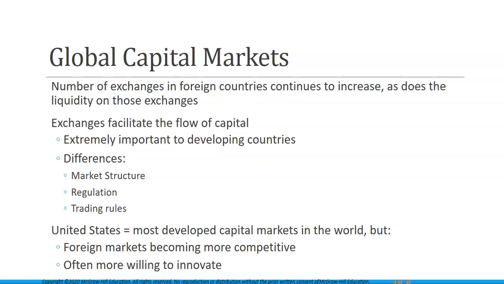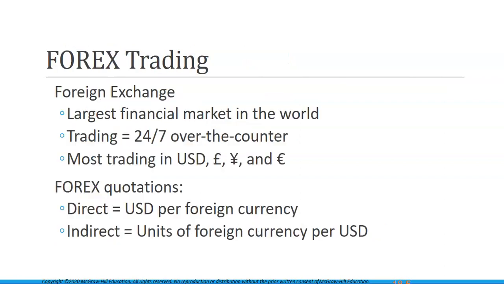This is true in all countries, and different countries obviously have different rules. The United States currently has the most developed capital markets in the world, but foreign markets are becoming more and more competitive, and they're of course willing to innovate as necessary to attract investors.